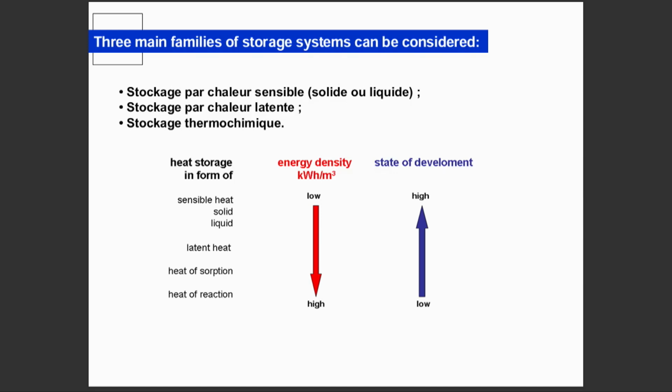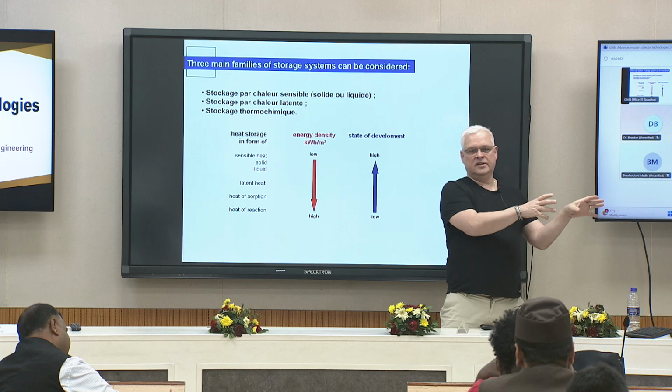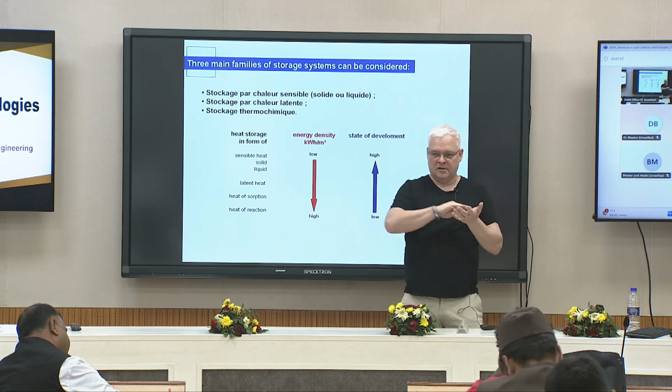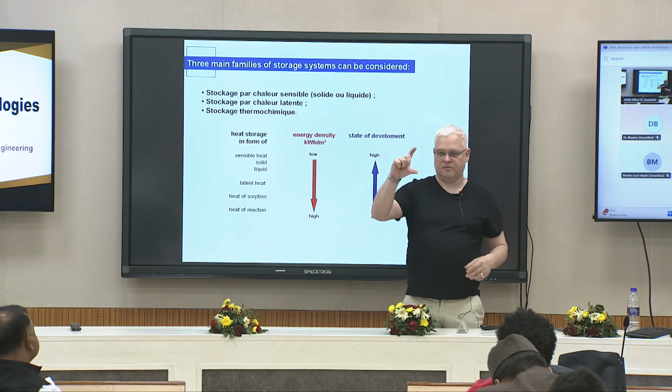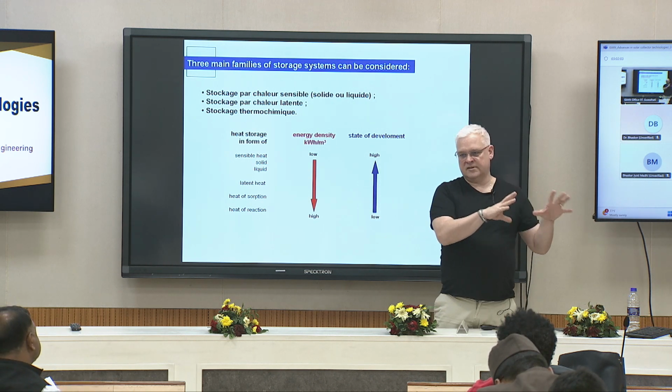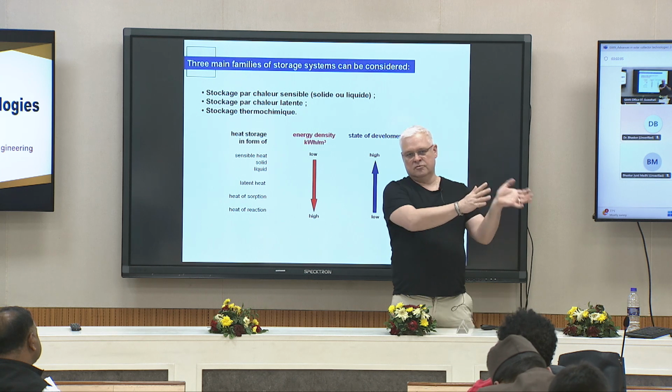So there is three main ways to store energy. The first one is also developed for centuries and centuries. It is sensible heat. You are heating a body, okay, and when this body temperature is increasing of 1 degree, you know exactly the energy that you give it to him.